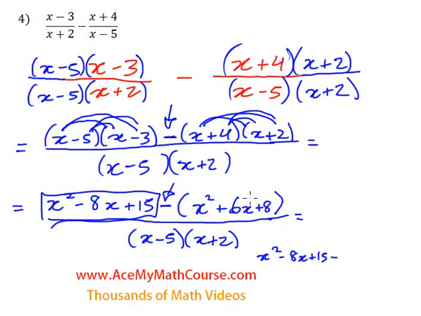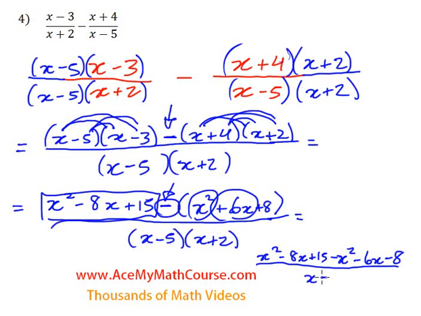Now minus, x squared was positive, it will become just a minus x squared now. Minus positive 6x, so minus 6x as well. So all signs are getting flipped because of this minus here. Plus 8 becomes minus 8. All over x minus 5 times x plus 2.